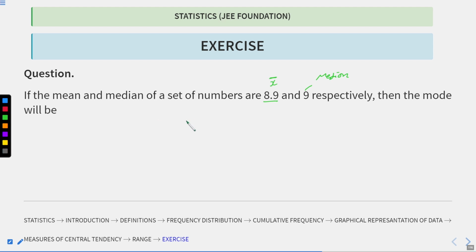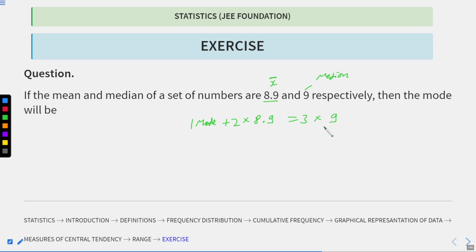If you remember the formula, 1 plus 2 is equal to 3, and we know 3 is for median, 1, 2, 3 is for mode, mean and median. So mode is equal to 3 times median minus 2 times mean. Mean means x bar, or 8.9, and median is my 9.